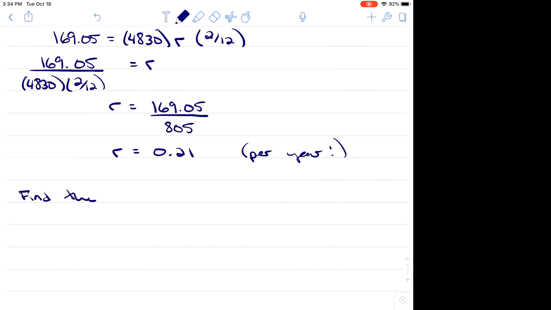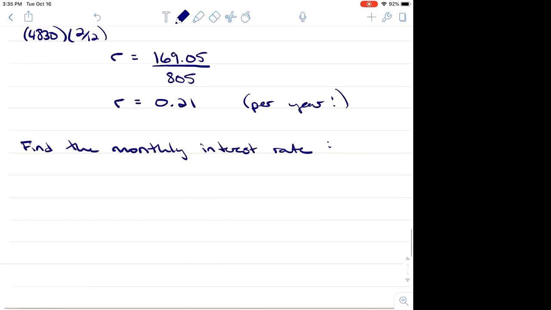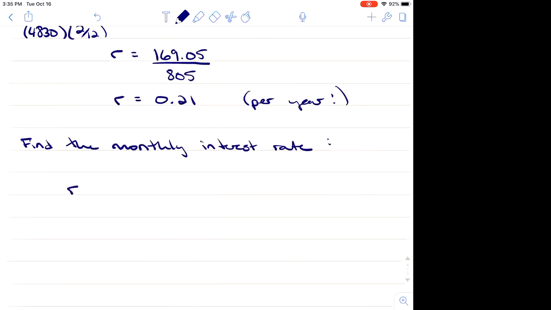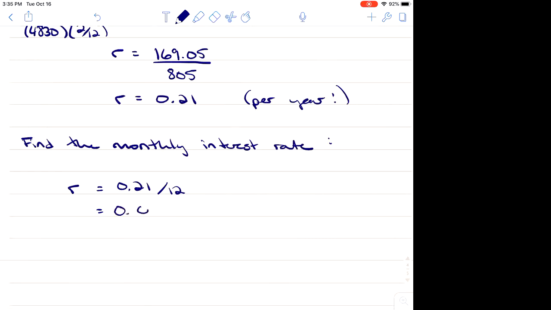Find the monthly interest rate. Well, if it's 0.21 per year, all we do is divide it by 12 to find it per month. R is 0.21 divided by 12. 0.0175 per month.